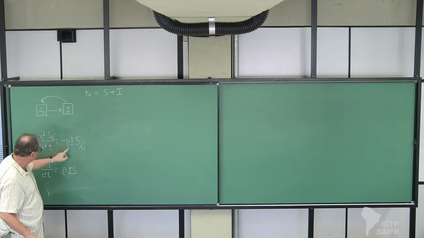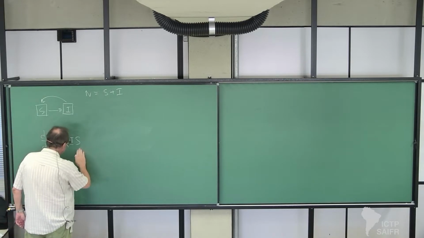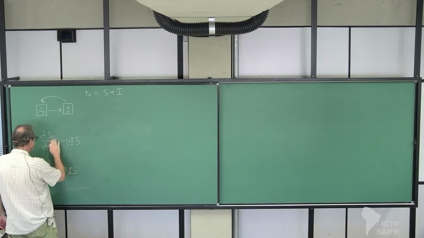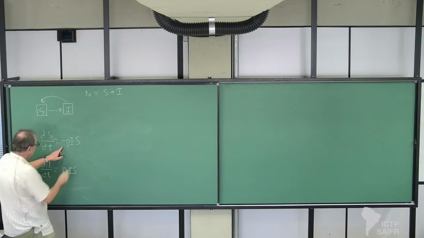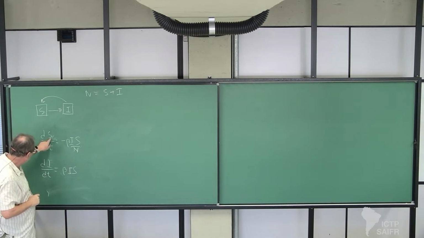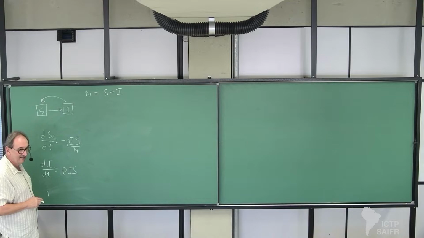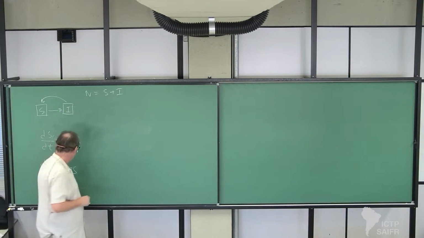But this depends on I, not I over N. Okay? So I have to modify this equation and say this should have an N here. So if I divide by N here, I have S over N, and I divide S on this point, I will have S over N and I over N. Okay?